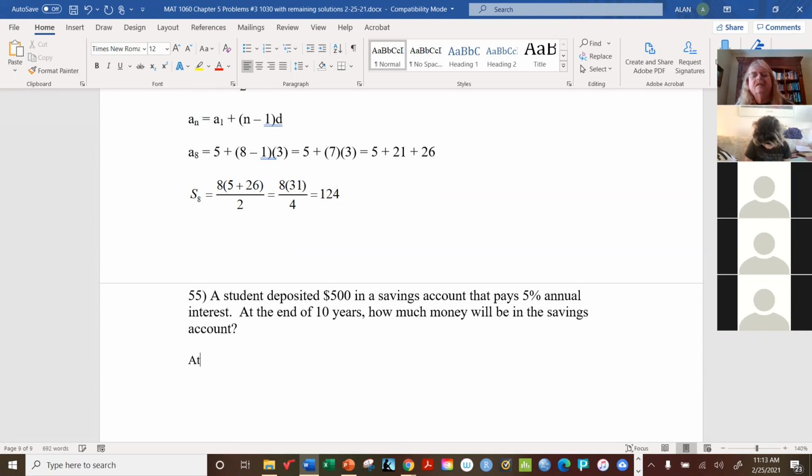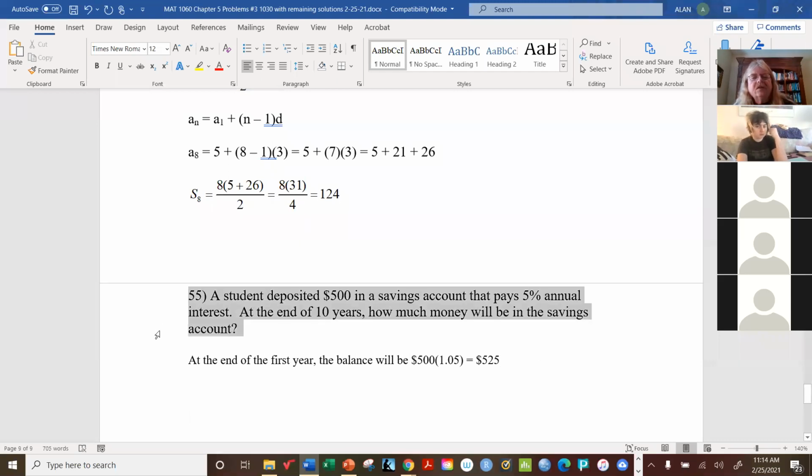At the end of the first year, the balance will be 500. Then you're going to multiply by 1 plus that rate of interest. And that means that when the year is over, you'll have $525 in your account.